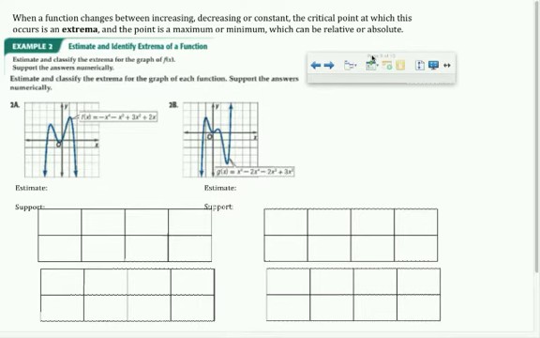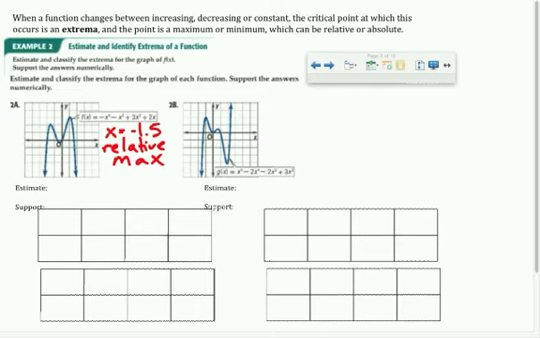Okay, so in number 2, part A, I might estimate that I have an extrema at -1.5. When x equals -1.5, it would appear that I have a relative maximum.